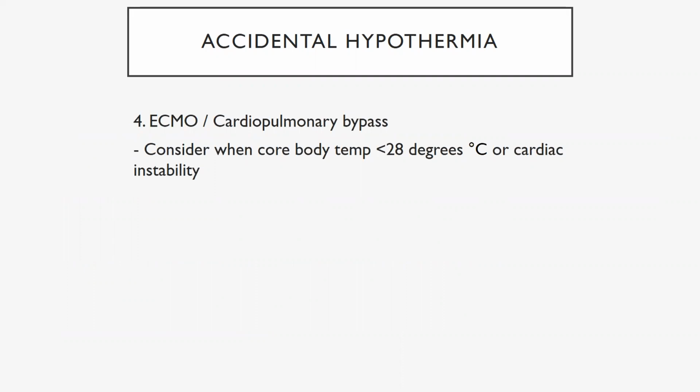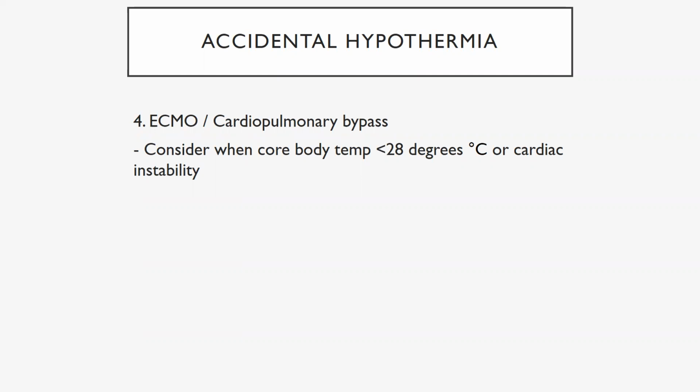So you've tried all that, nothing has worked. We are at an institution where we do have ECMO and cardiopulmonary bypass capabilities. Usually you would consider this in critical hypothermia, meaning core body temperature less than 28 with cardiac instability going into VFib, refractory VFib.